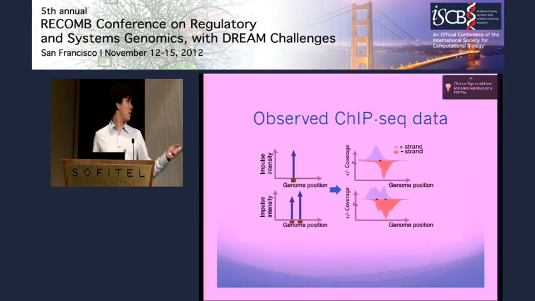The coverage is strand specific, and then you can see a peak shift in the coverage of the forward and the reverse strand. In the case when you have multiple sites in the same region, we'll observe an overlap of the impulse responses from these two binding sites.